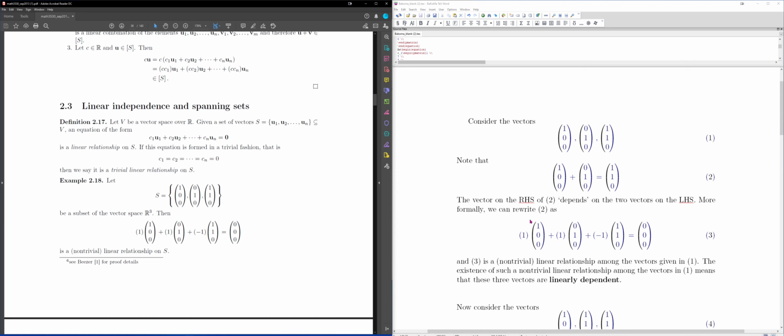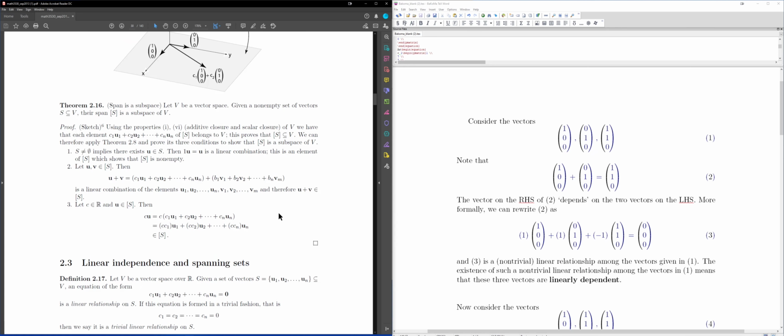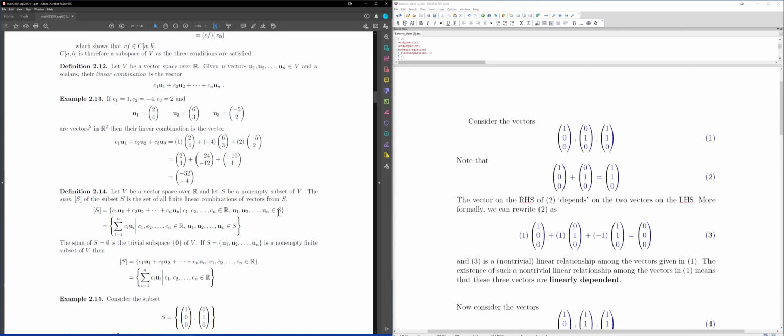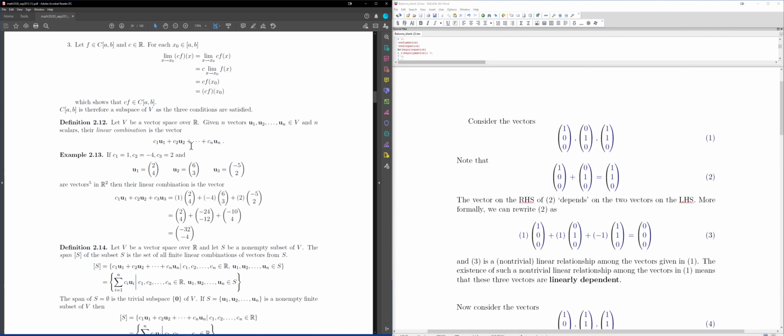So this left-hand side, and we saw this notation already, is a linear combination of these three vectors. We saw examples of that. If I have, say, three vectors and I multiply each of them by a scalar and then add them up, that is what's called a linear combination.